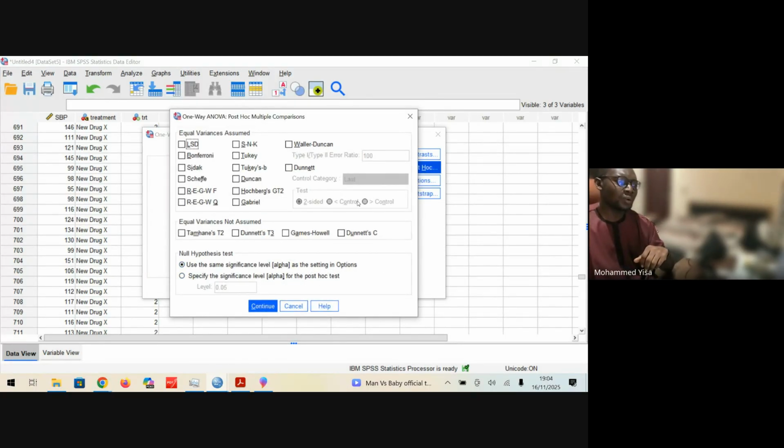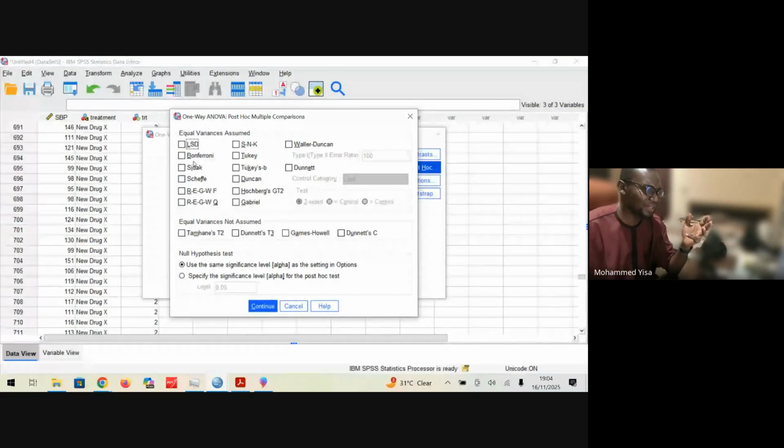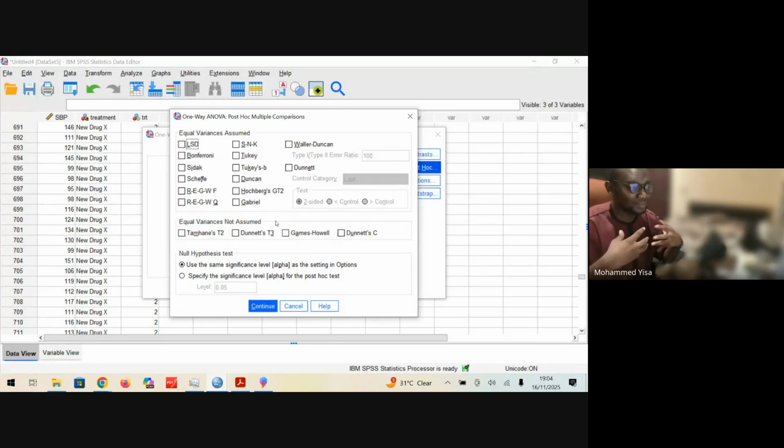So these are all the different types of post hoc tests. For each of these, these are names of people who discovered the test. Don't ask me what's the difference between Bonferroni and Scheffe and all that. For the purpose of this course, the designers of the course have determined that the Bonferroni correction is more appropriate.